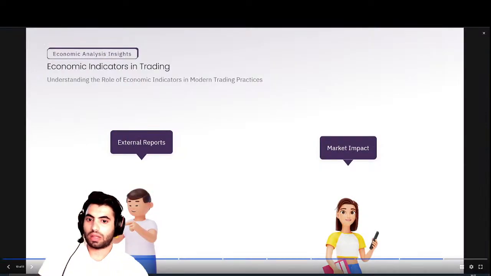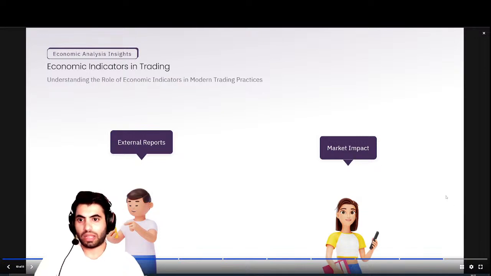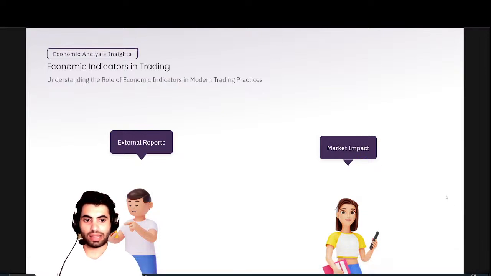So let's move on to economic indicators. There are two types of indicators: one which is moved by the price, and the second, which I told you about, is external, like GDP, PMI, and so on, or the momentum of the money flow and cash flows of a company.